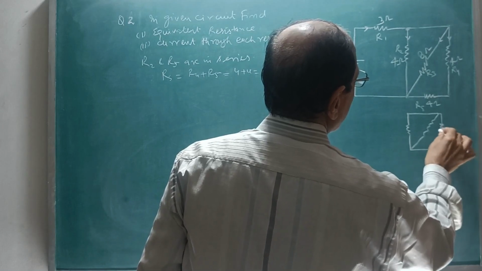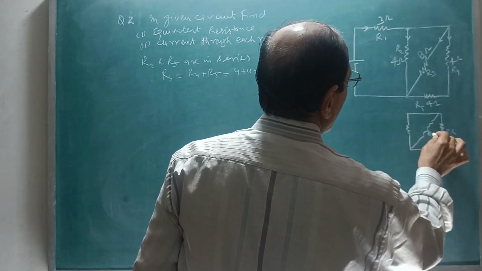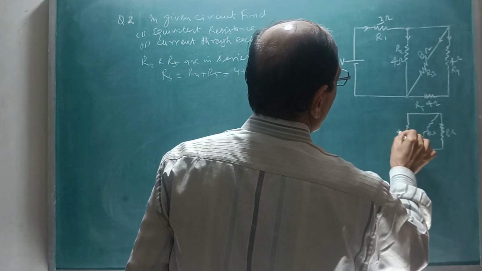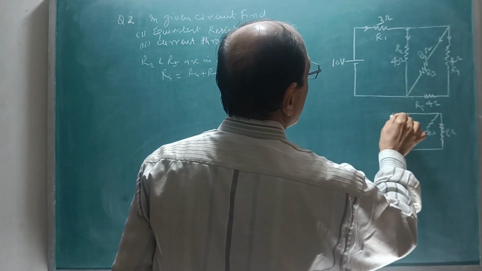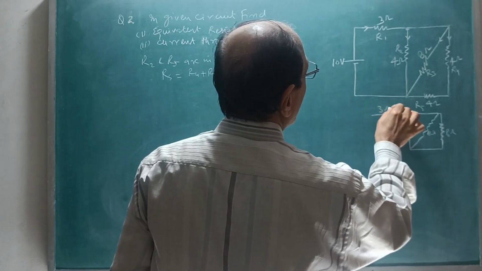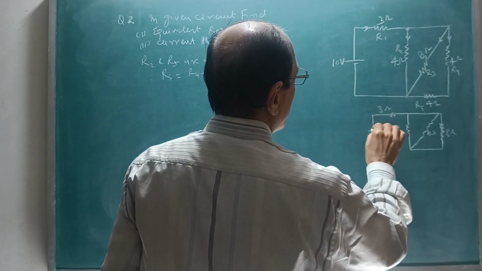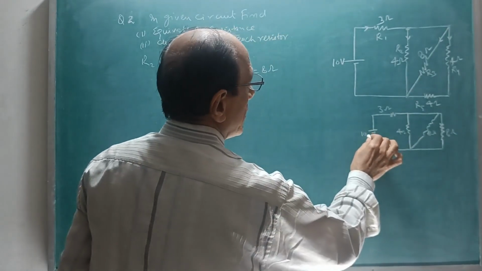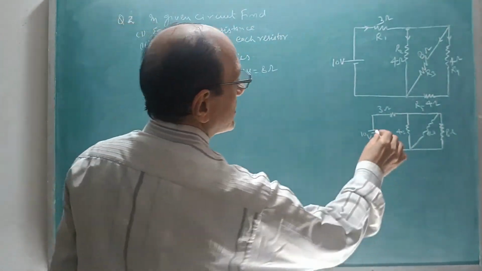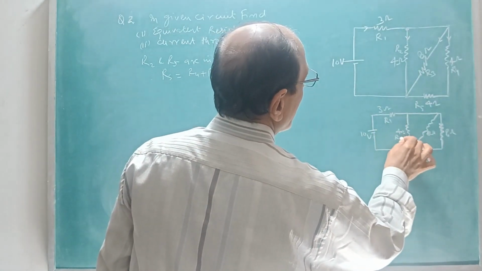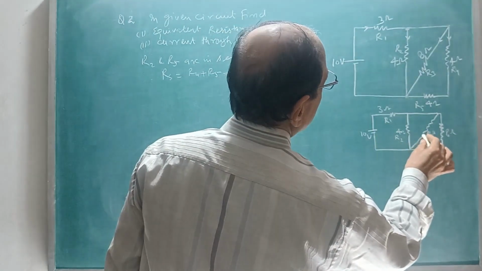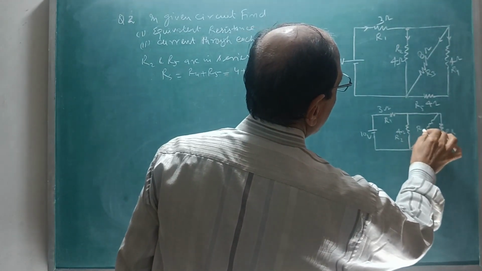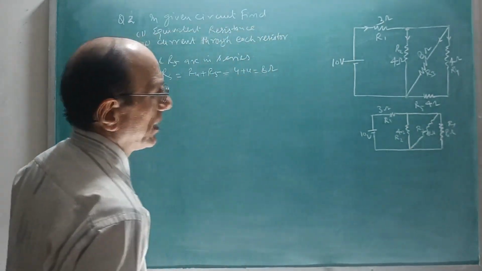this is 8 ohm, this is 8 ohm, and this is 4 ohm, and here again we have 3 ohm, and here it is 10 volt. So this is R1, this is R2, this is R3, and this is R series.